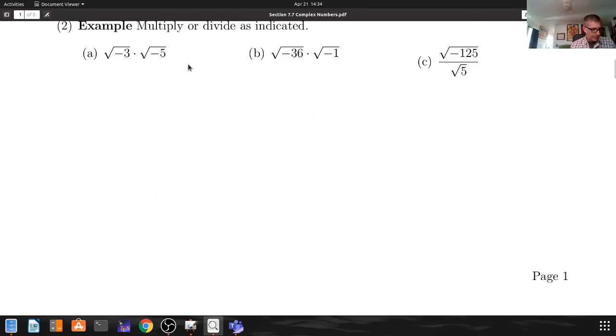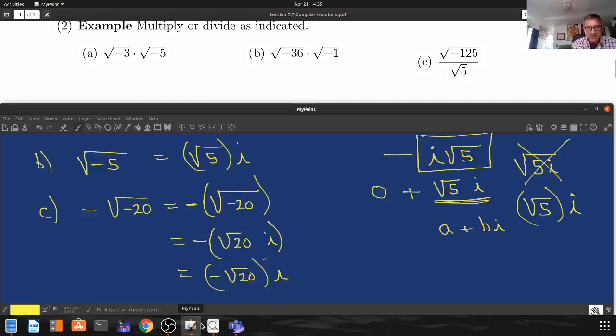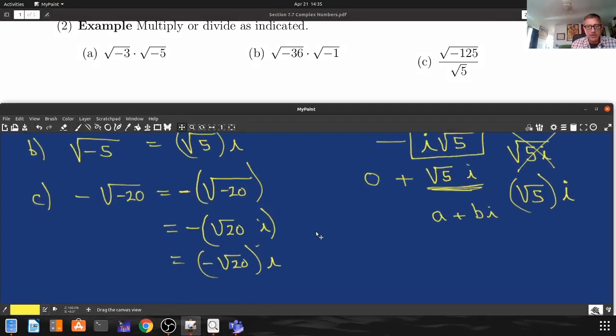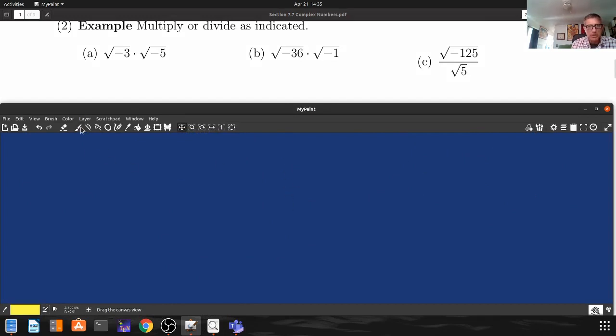In the next one, we have to be really, really careful, because earlier we had a theorem. And this is the reason theorems are really important.